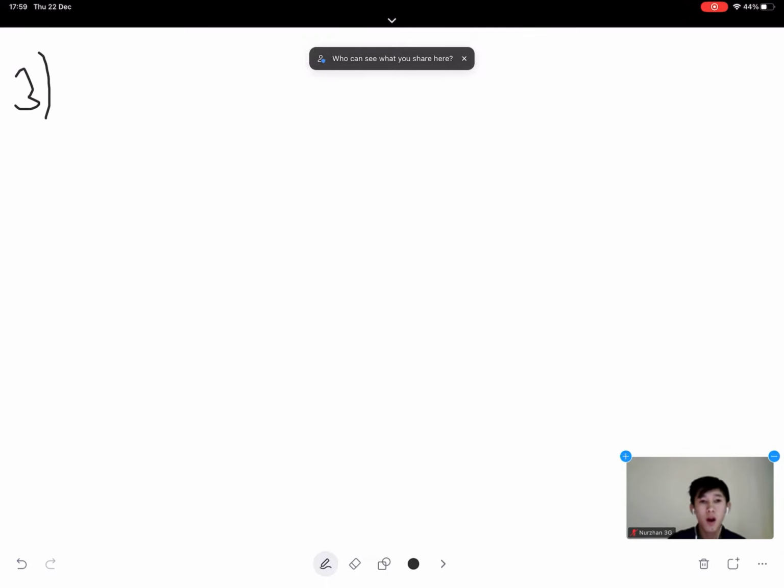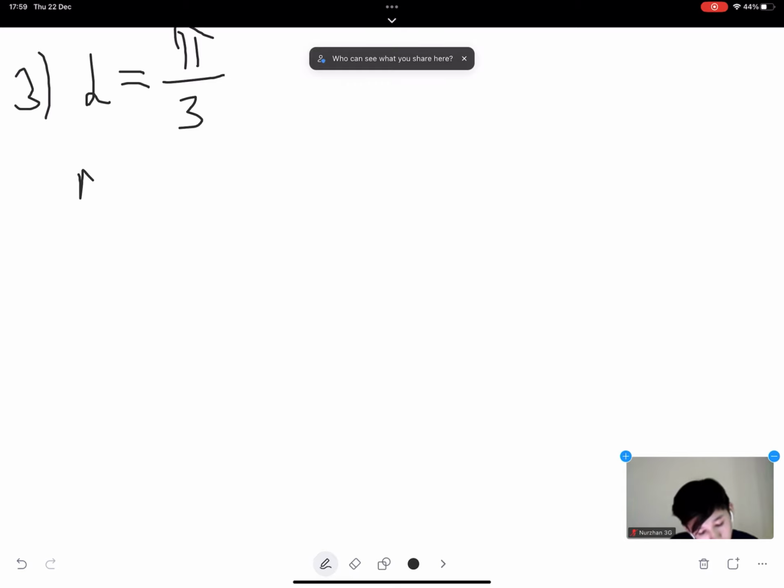And next is the example, this short example. An arc has a measure of pi over 3 radians and a radius of 5, and alpha is equal to pi over 3 and R is equal to 5, and give the area of the sector in terms of pi in its simplest form.